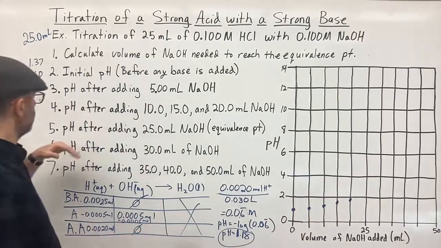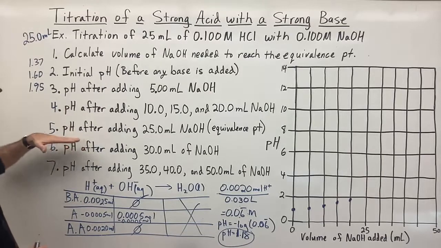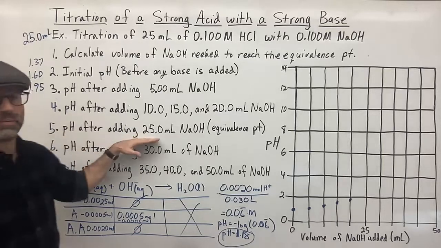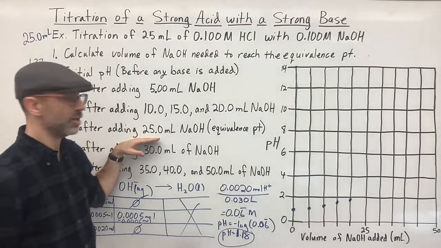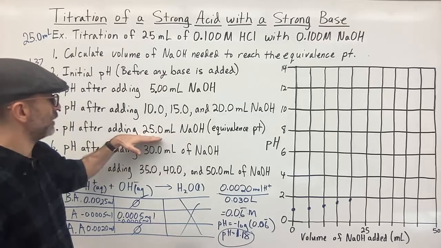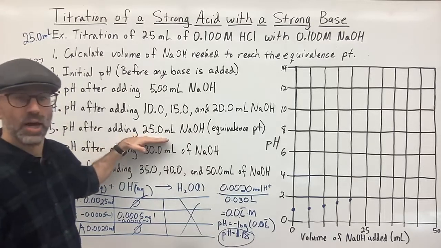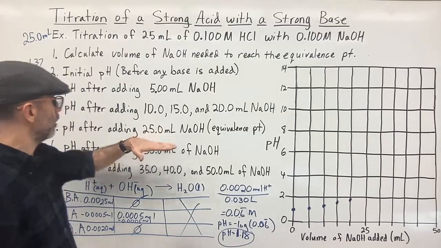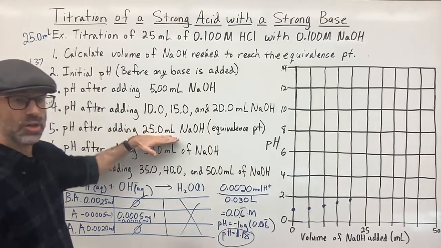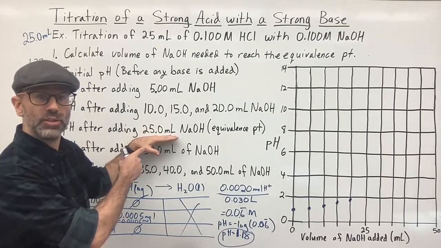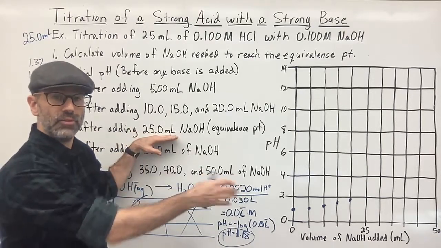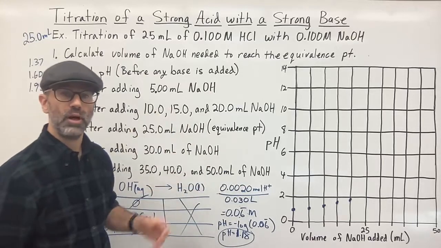Okay, so what about the pH at the equivalence point here? When we add 25 milliliters of our NaOH, we've effectively added the number of moles we need. So we have equal moles of our base, and we saw that 25 milliliters is what we need in order to add the same number of moles of base to the same number of moles of acid.